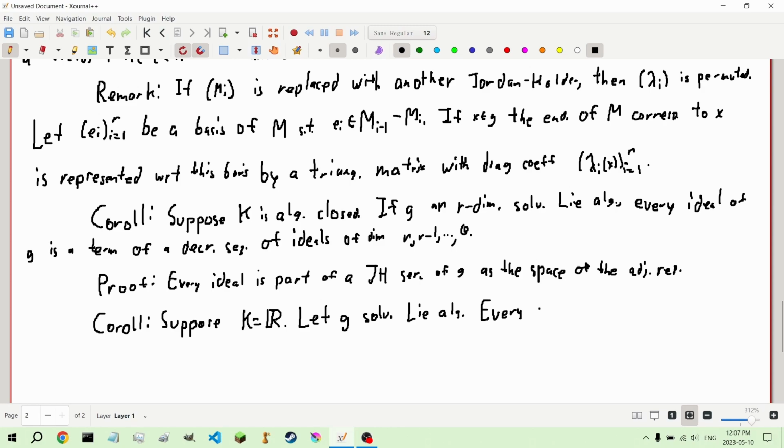Every simple representation of G is of dimension at most 2.